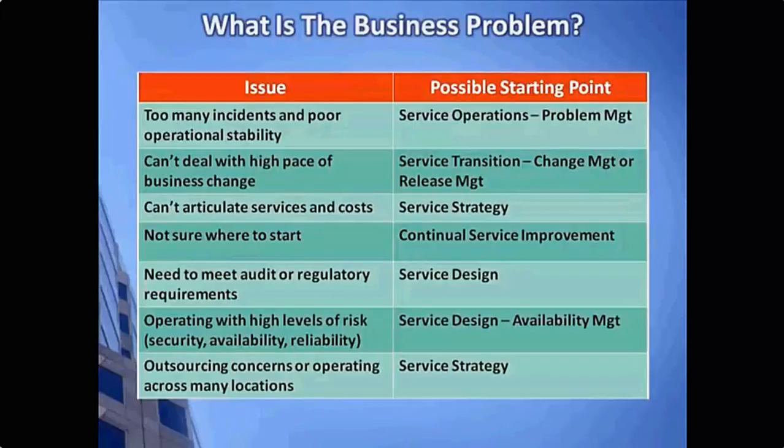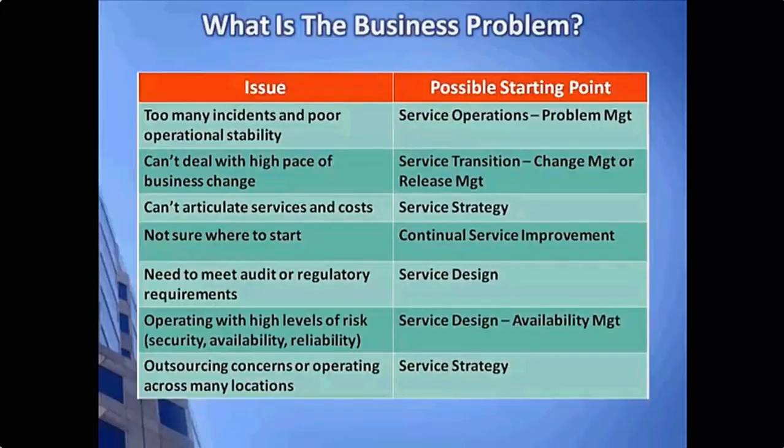So let's focus in on what is your particular business problem. This chart gives you an idea of how this might work. First of all, what are the key issues or pain points that your organization is struggling with today in IT? Identify what those pain points are, and then identify which of the 5 ITIL service lifecycle stages might be useful to help address that particular problem.